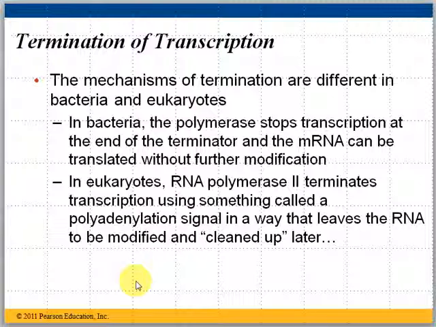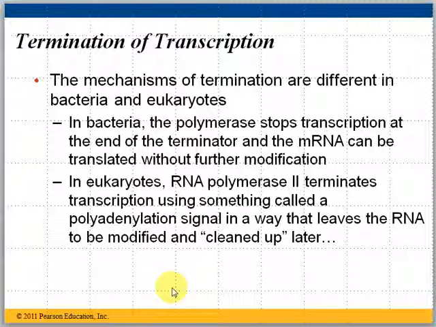Those directions are actually probably going to go to his executive assistant or secretary, and he or she is going to clean them up and proofread them and spell check them before sending them out to the entire company. That's how it works in eukaryotes. The initial RNA that comes out of this process still needs to have some work done to it. It needs to be cleaned up, and we'll talk about that a little bit later.